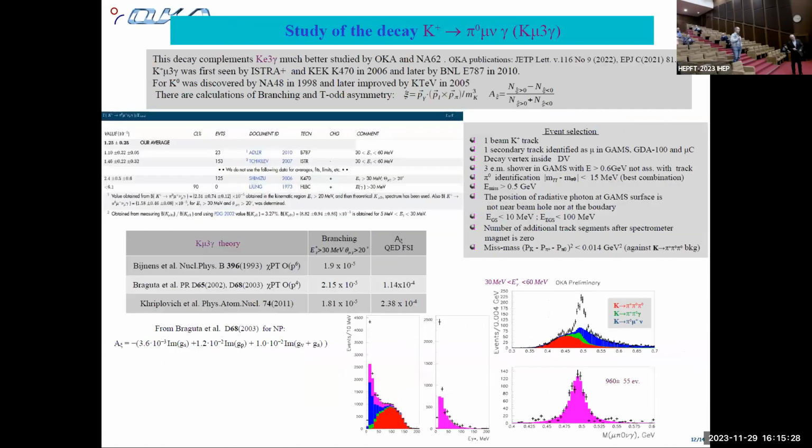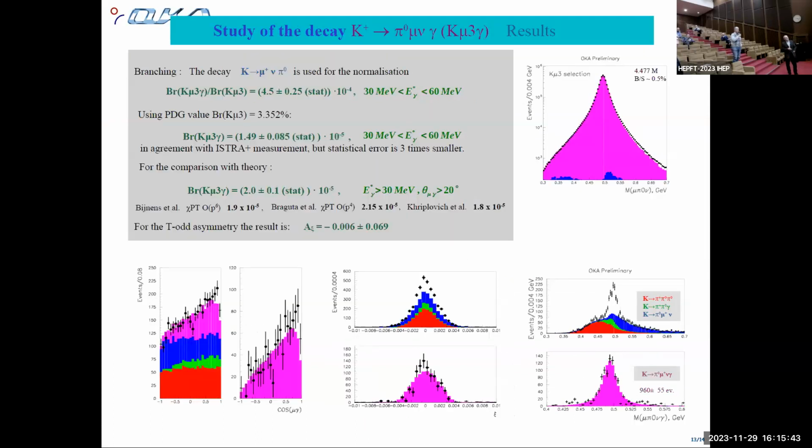So the conclusion is that we do agree with chiral perturbation theory at p to the fourth, at least at present statistics. And you also agree with the results of the other group? Yes, but only in branching. We don't compare other distributions.